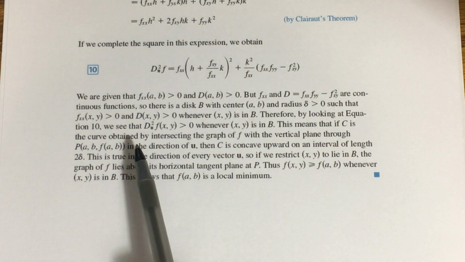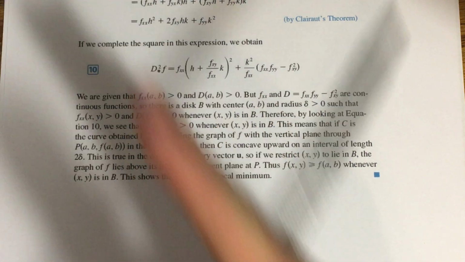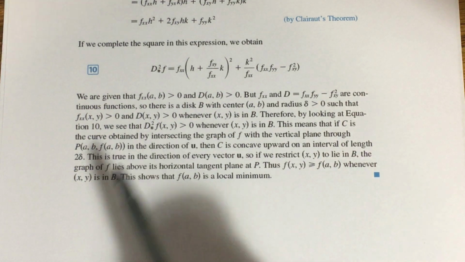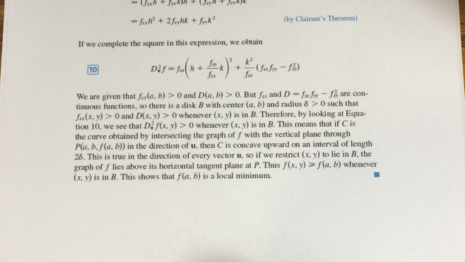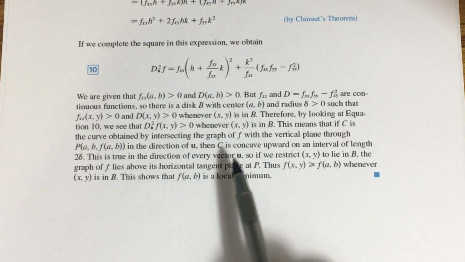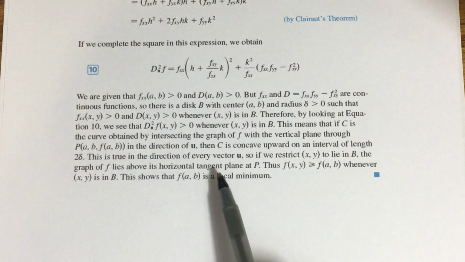So if we take our surface and put a vertical plane through it in the direction of u, then the intersection between our surface and that plane will be a space curve, which we call C. We've done this kind of thing before, so hopefully you should be able to picture that.